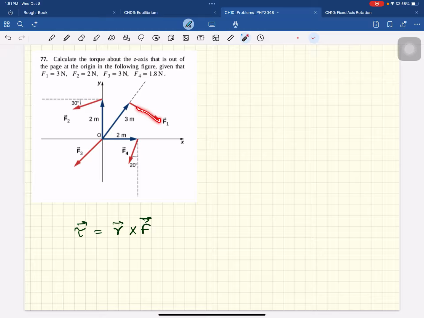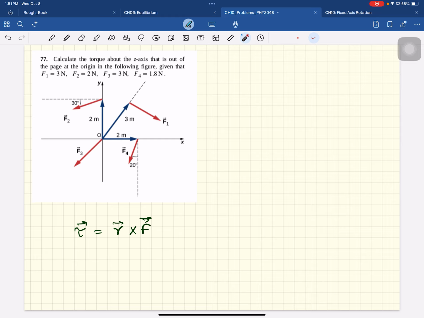And if a torque is rotating the object clockwise, it's taken to be negative. R cross F, that would rotate the object clockwise. That would give you a negative torque, and the torque is pointing in the negative z-axis. So the torque is pointing either in the positive z-axis or negative z-axis. So if a force is rotating the object counterclockwise, that's taken to be positive torque.